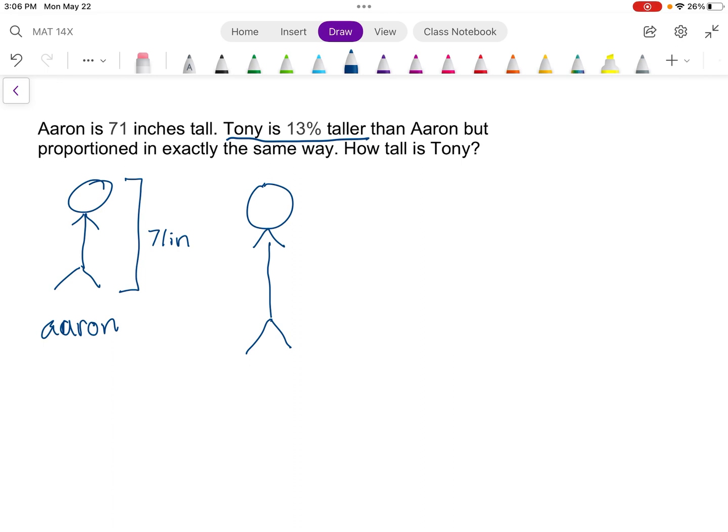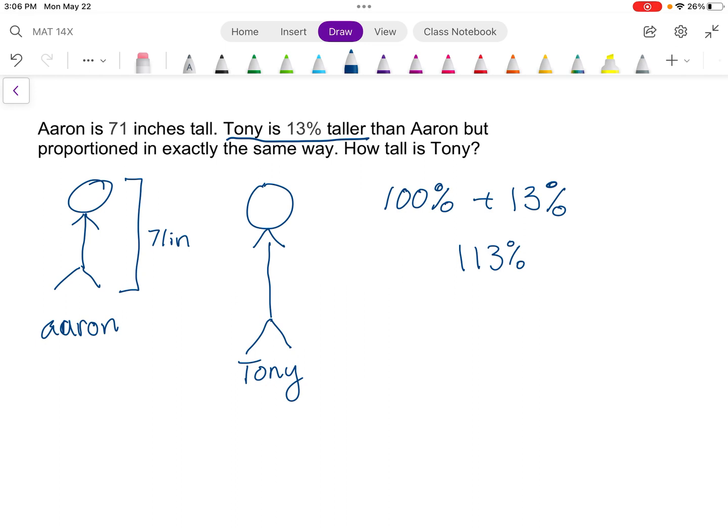What I like to think about with Tony's height is, if I'm comparing it to Aaron, I have 100% of Aaron's height plus the extra 13%. That's the extra height of Tony. And so Tony's height is 113% compared to Aaron's height. 113% isn't a scale factor, but we can turn it into a scale factor by turning our percent into a decimal.